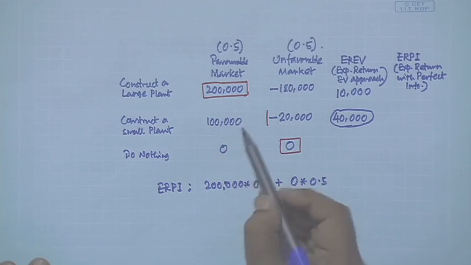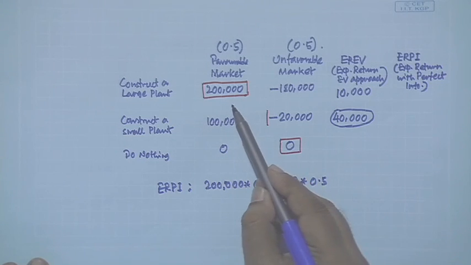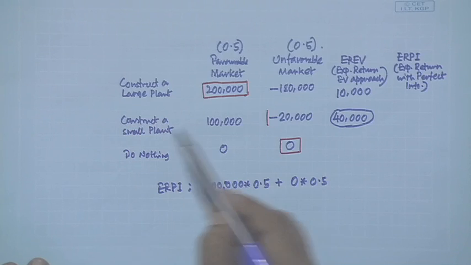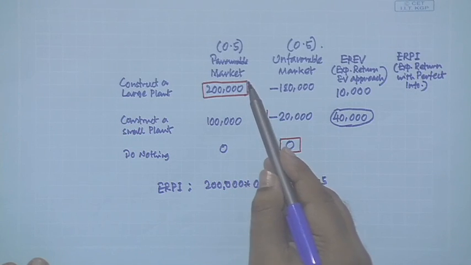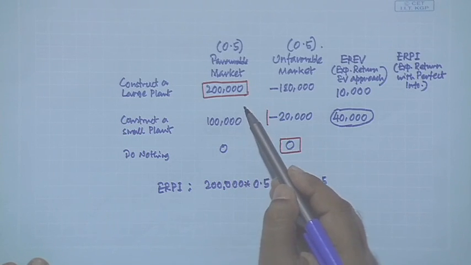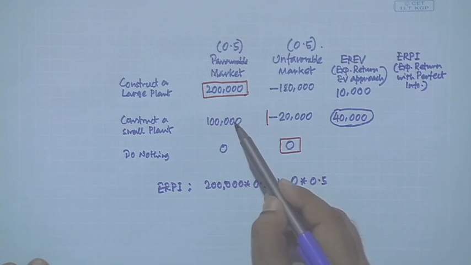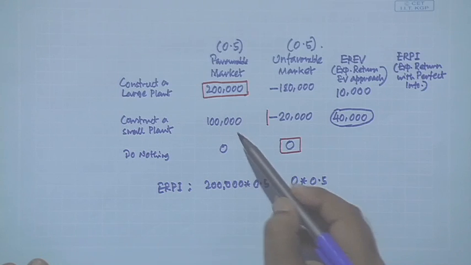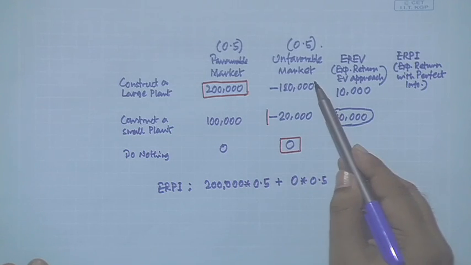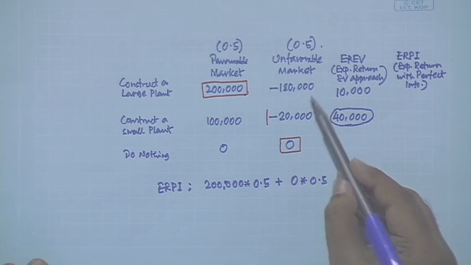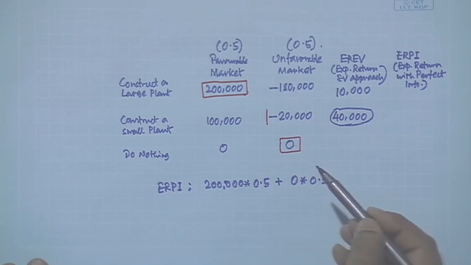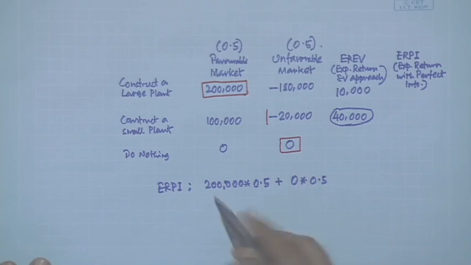Why? Because 200,000 is the best possible payoff when we construct a large plant if a favorable market comes up. If we would have had perfect information, we would have gone for constructing a large plant and would have got a payoff of 200,000. Similarly, had it been an unfavorable market, we would have done nothing because perfect information is available, and we would have got a payoff of 0.